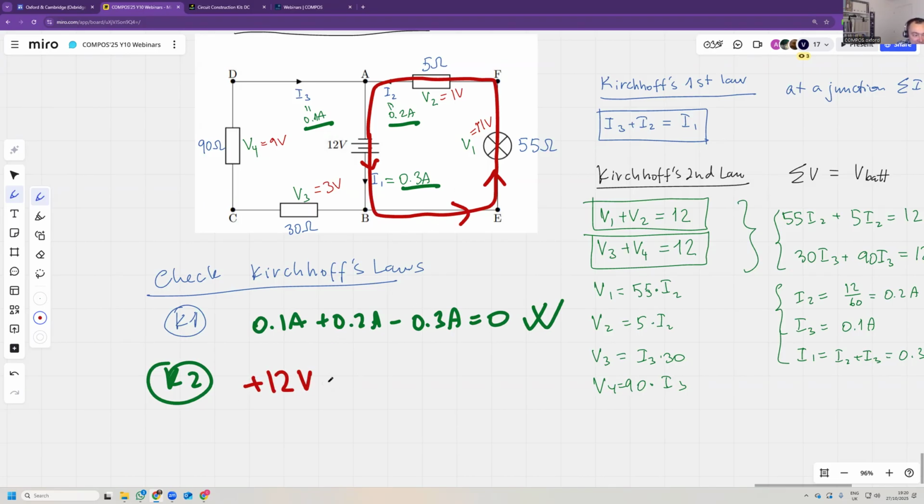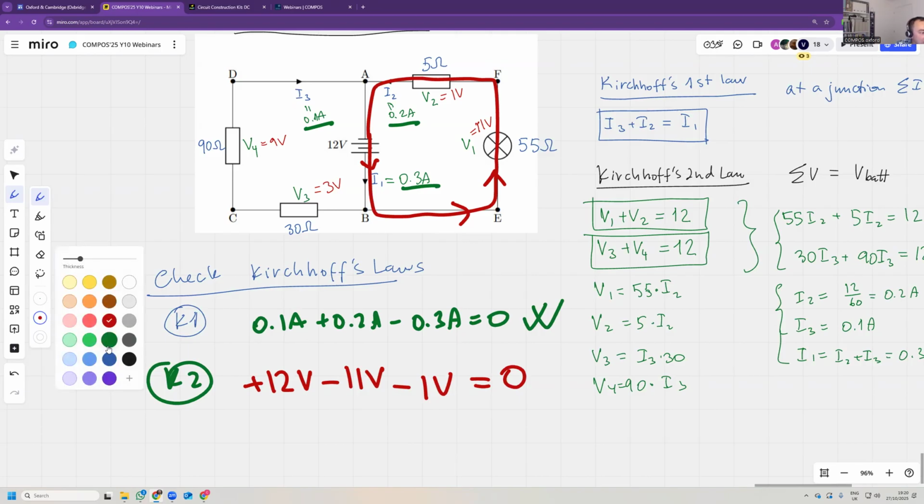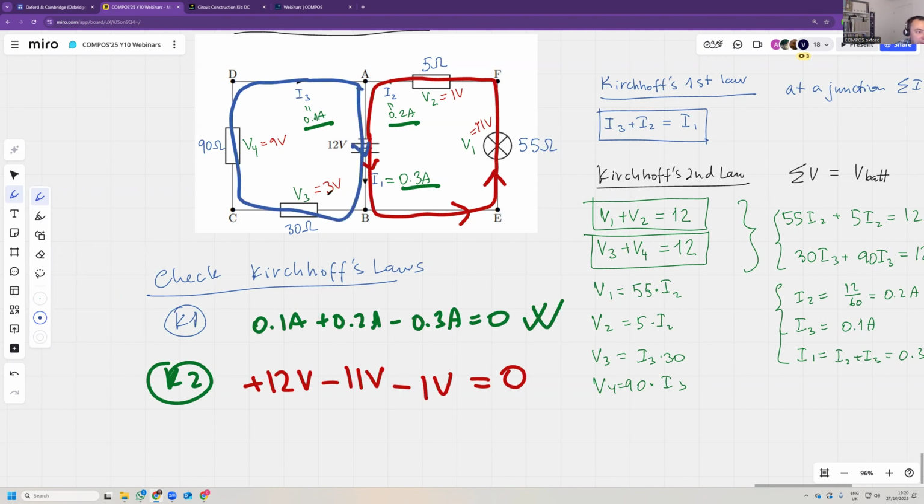We lose 11 in the lamp, and we lose another 1 in the lamp, and the total is 0. If we go around this circuit this way, we gain 12 in the battery. We lose 3 in the first resistor. We lose 9 in the second resistor, and the total is 0.